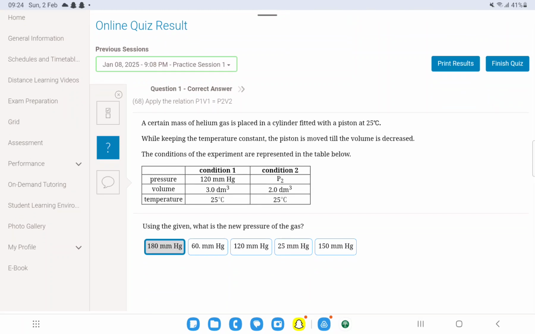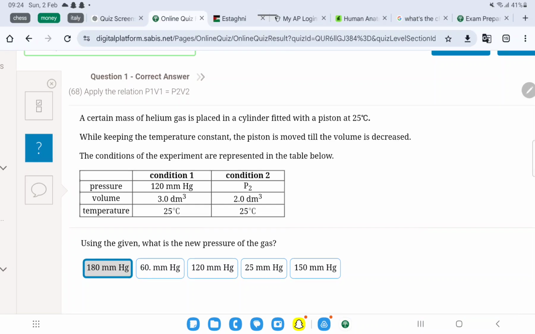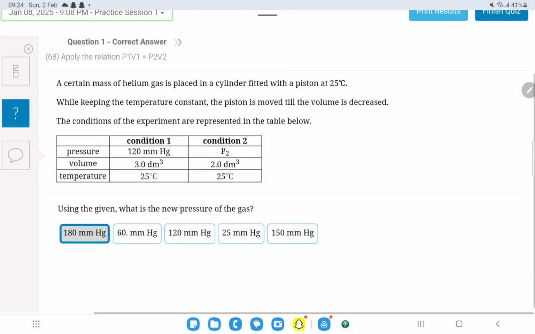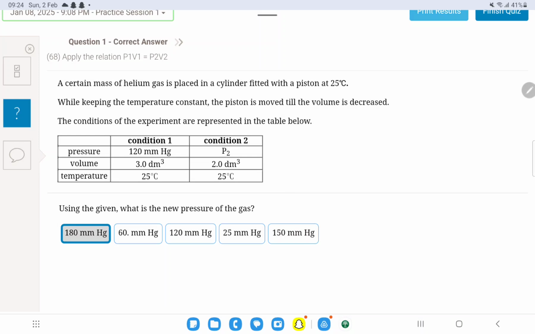You don't need to read all of this, except when they give you two variables, because then one of them is going to be in the thing. In general it's P1 V1 equals n1 R T1, capital T because they want the temperature in Kelvin. P2 V2 equals n2 R T2.